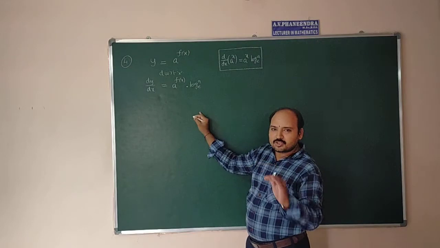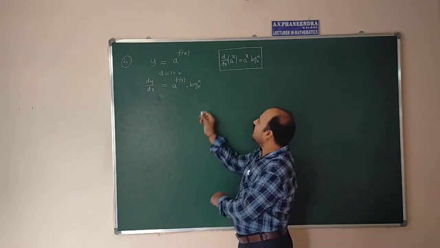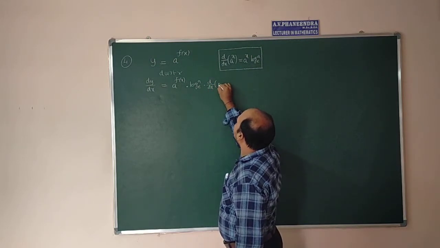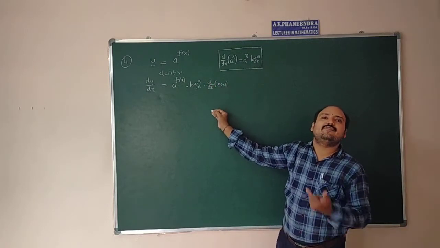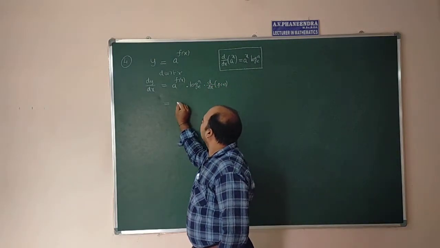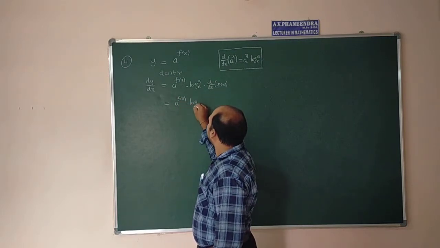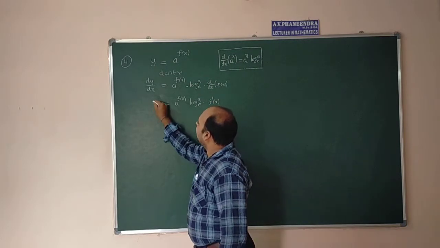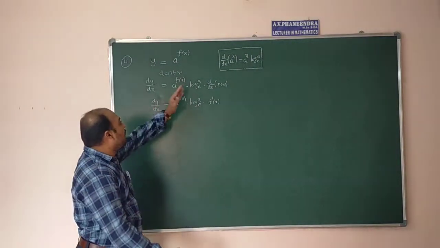After that we cannot stop. Whatever function is involved here, you have to differentiate it, into d by dx of f of x, which is f dash of x. So it is a power f of x into log a to the base e into f dash of x. Like this, we have to do the differentiation for a function of the form a power f of x.